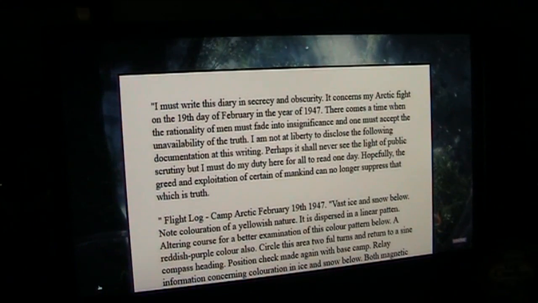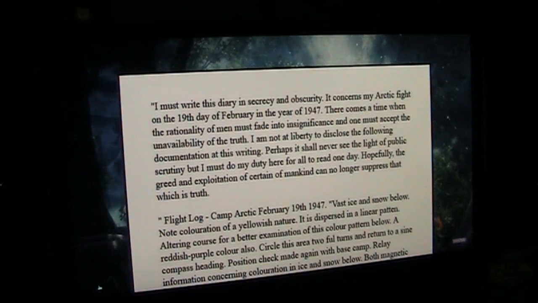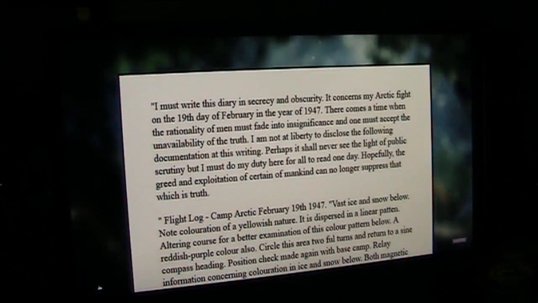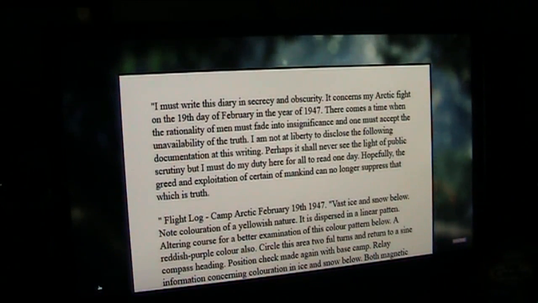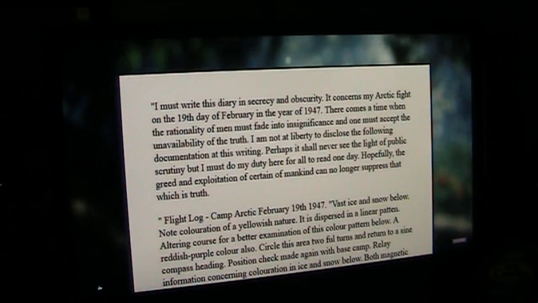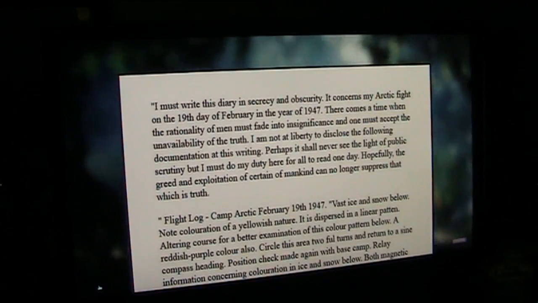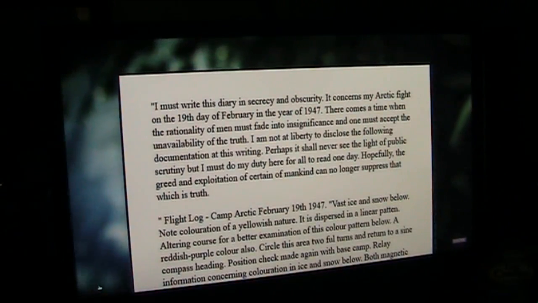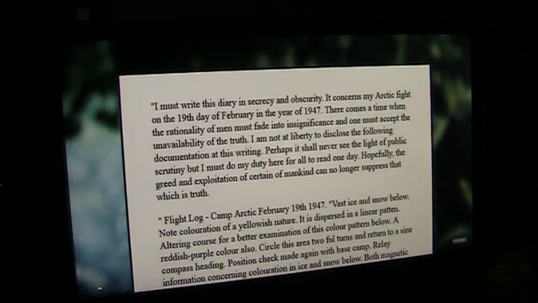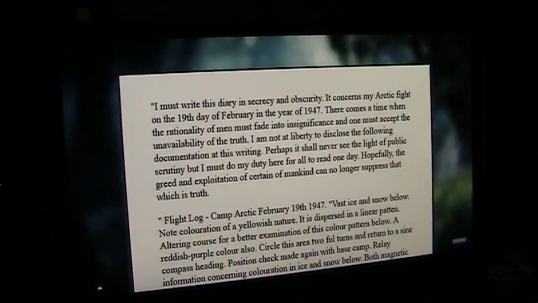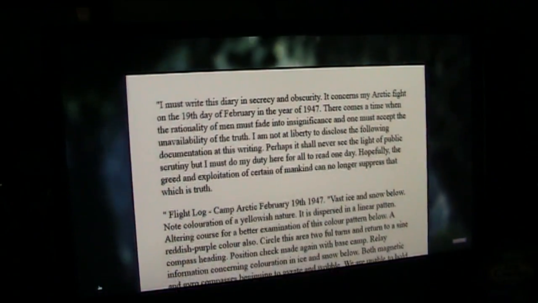There comes a time when the rationality of men must fade into insignificance, and one must accept the unavailability of the truth. I am not at liberty to disclose the following documentation at this writing. Perhaps it shall never see the light of public scrutiny, but I must do my duty here for all to read one day. Hopefully, the greed and exploitation of certain of mankind can no longer suppress that which is truth. Still today.